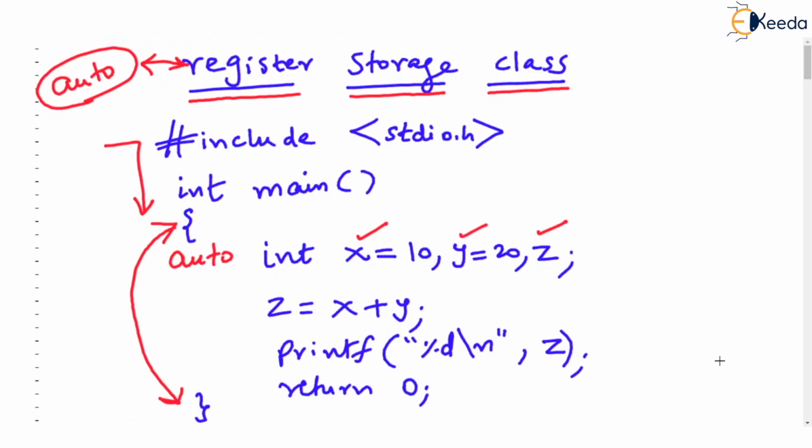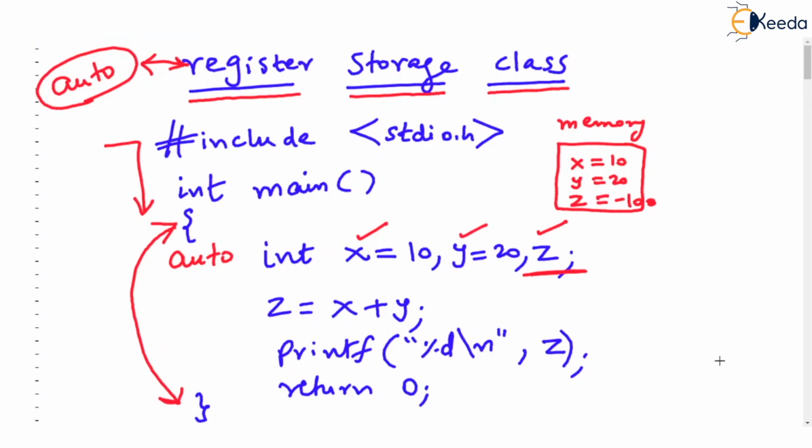Obviously, any variable is always stored in the memory. So if you think of this box as the memory, then in this memory there are three variables x, y, and z, where x is 10, y is 20, and z is garbage. Remember, z is not initialized here, z is not given any value here. So z will be storing some garbage, let's say minus 100, something.